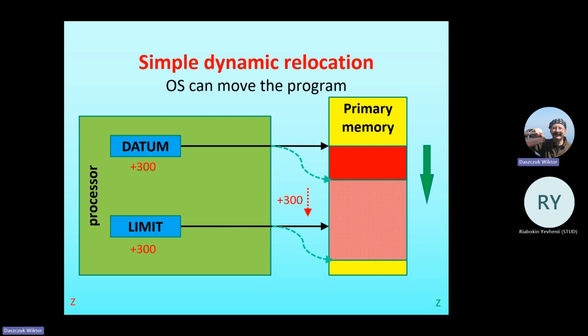It is dynamic because we can move the program in memory. For example, if we move the program in memory by 300 cells, we add 300 to datum and limit, and everything is still the same. And the program works in the new location.